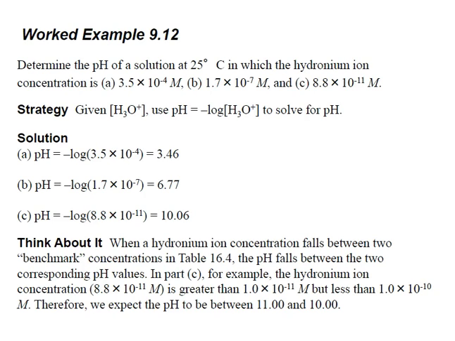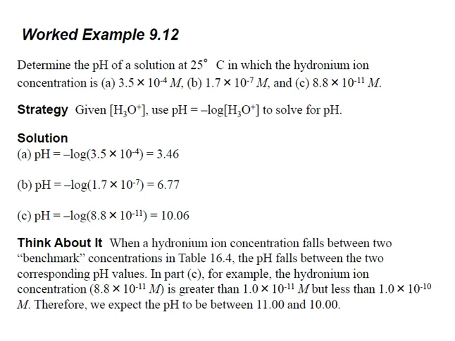Strategy is, given the hydronium concentration, we can use a formula which relates pH to hydronium. It's defined that pH, which is the power of hydrogen, is equal to the negative log of the hydronium concentration. So we just plug and chug this right into a calculator.